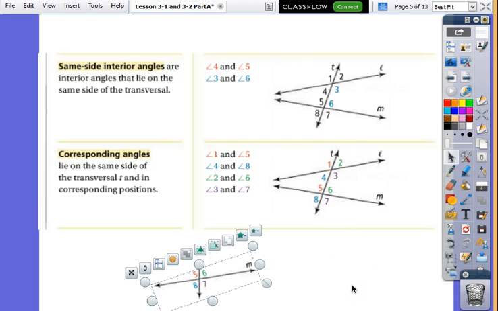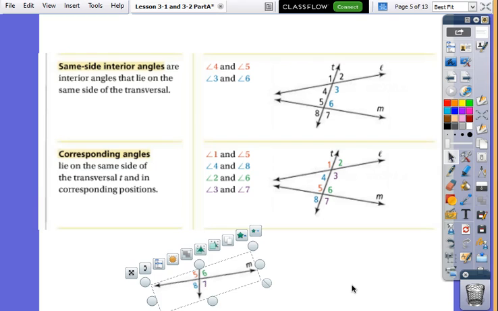If I ask you the relationship between angle 4 and 8, you would say corresponding. Between angle 4 and 5, you would say same side interior. Between angle 1 and 4, you'd say linear pair. And between angle 4 and angle 2, you'd say vertical. 4 different relationships, one angle, but compared with different angles.